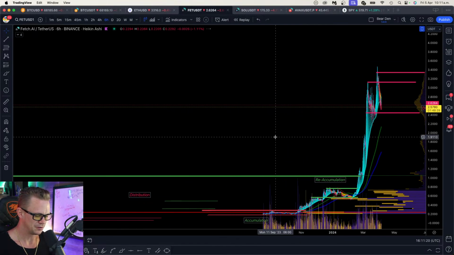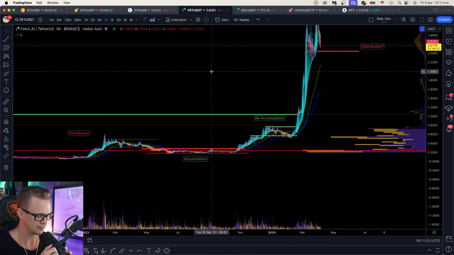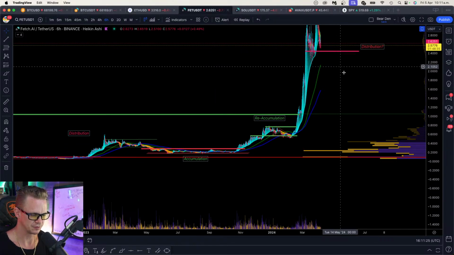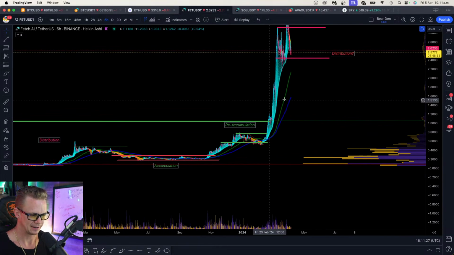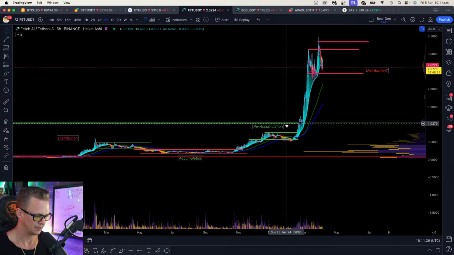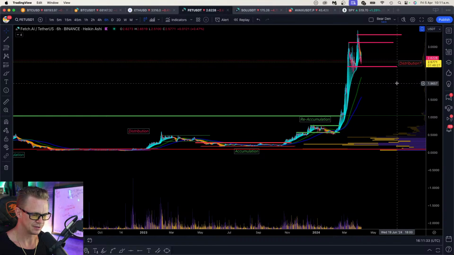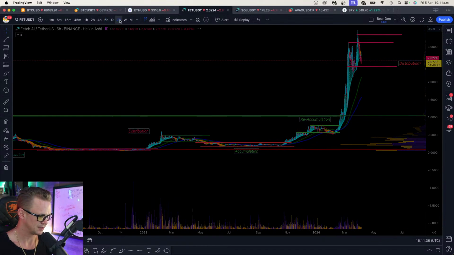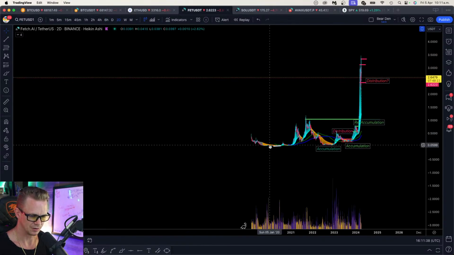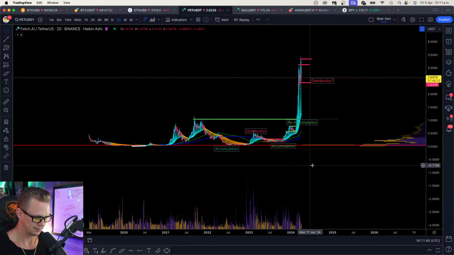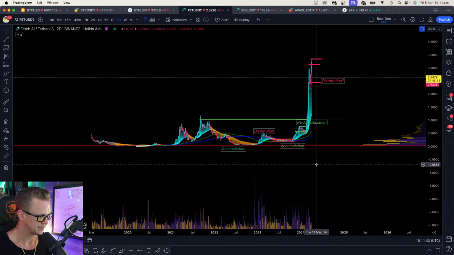So I wanted to use Fetch as the example, which is that we're looking for middle range distributional charts that add one last opportunity for this cyclical bull market and the way things move. So as you can see here with Fetch, I have to go to the 2-day to show the depth of the price movement here.